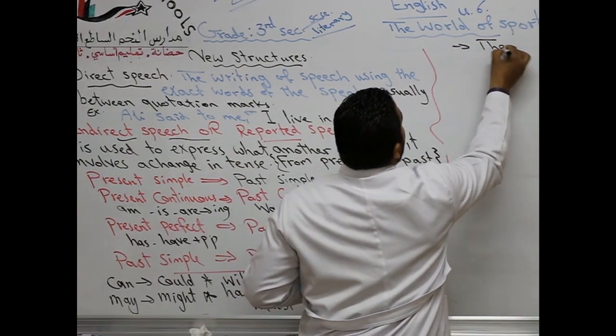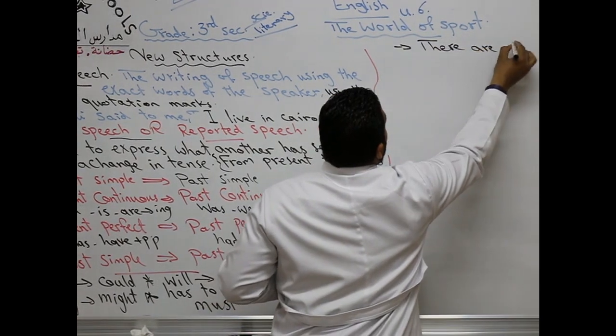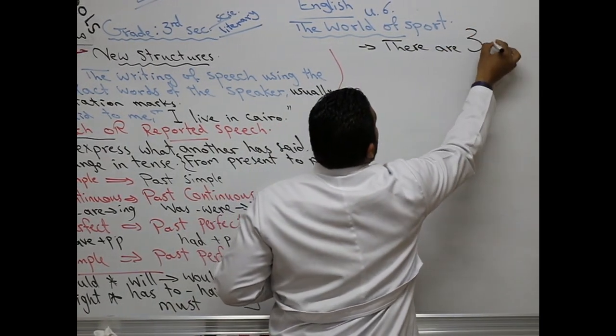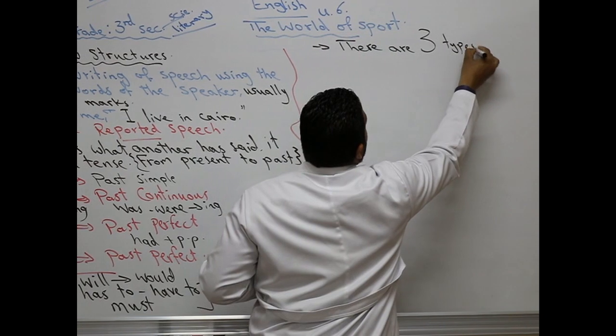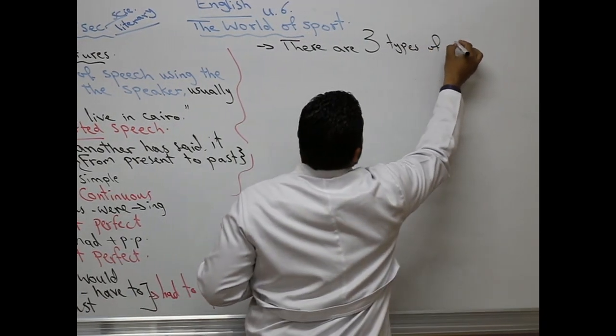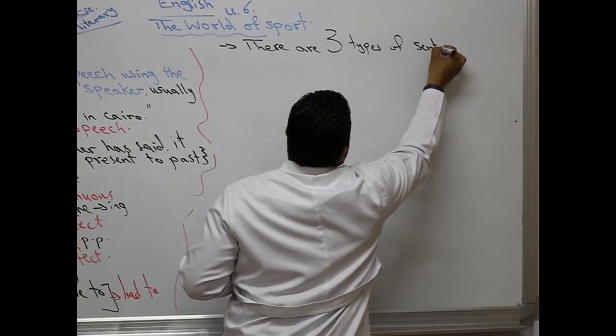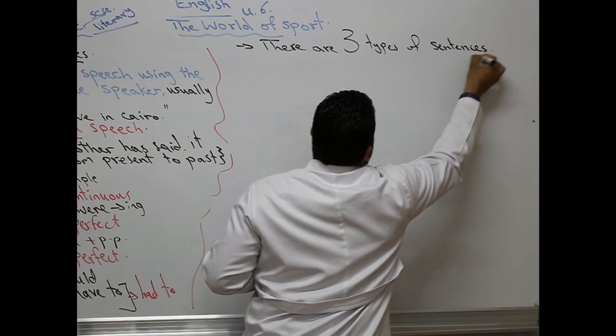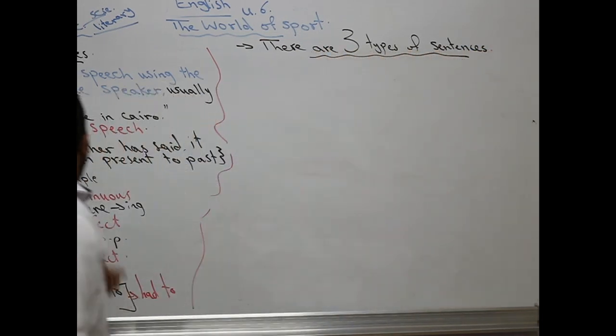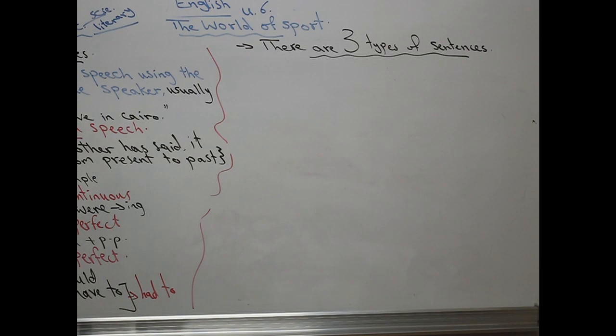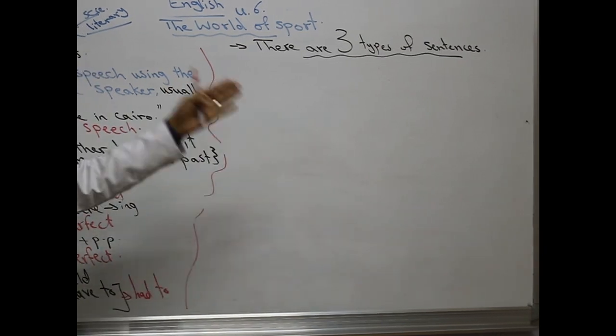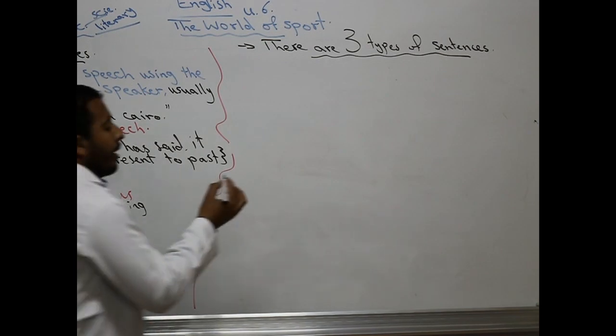There are 3 types of sentences between quotation marks, ما بين علامات التنصيص دي احنا ممكن نلاقي 3 أنواع من الجمل.